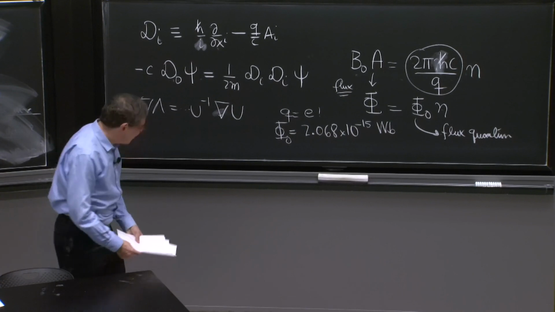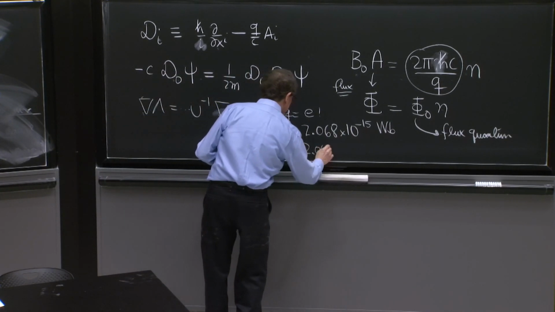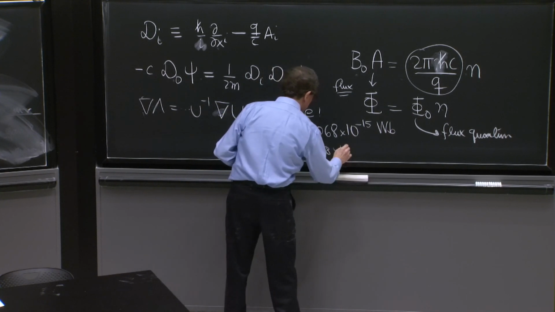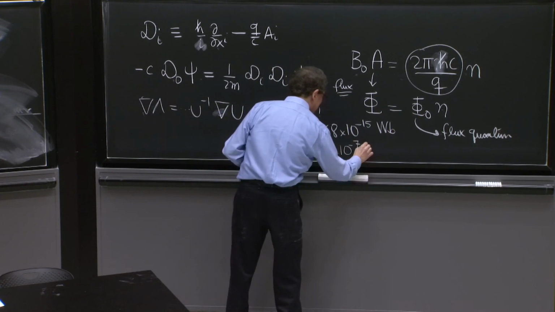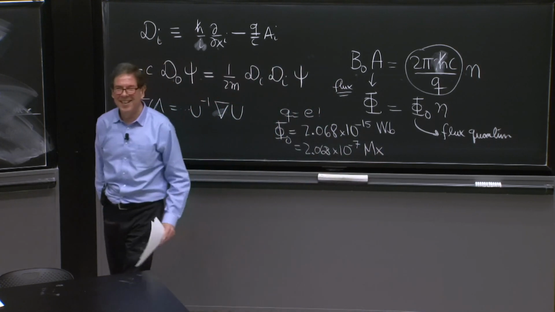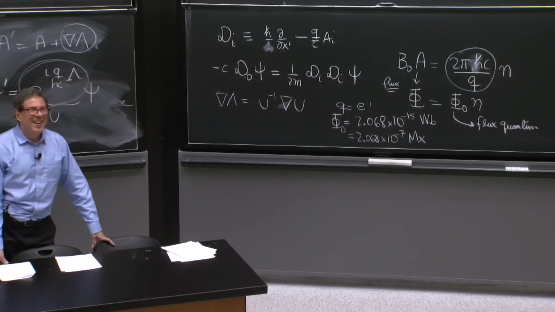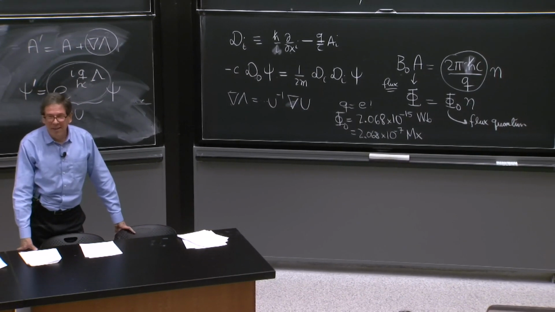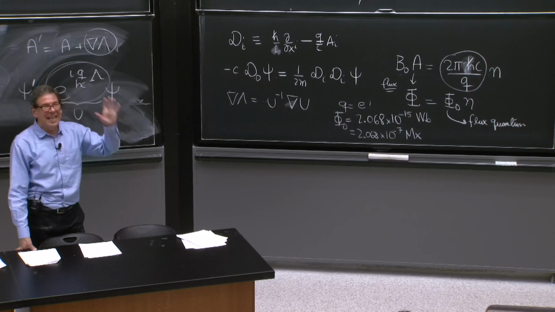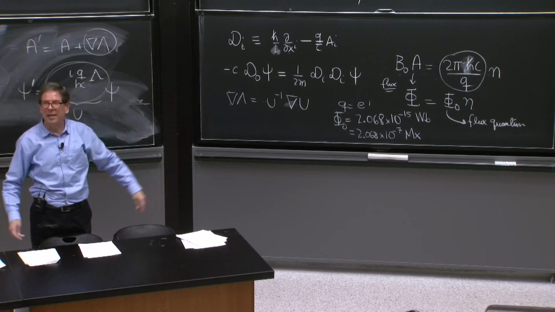Or 2.068 times 10 to the minus 7 Maxwells. Anybody know what the Maxwell is? A Weber is a unit of flux, Tesla times meter squared. That's far too big.